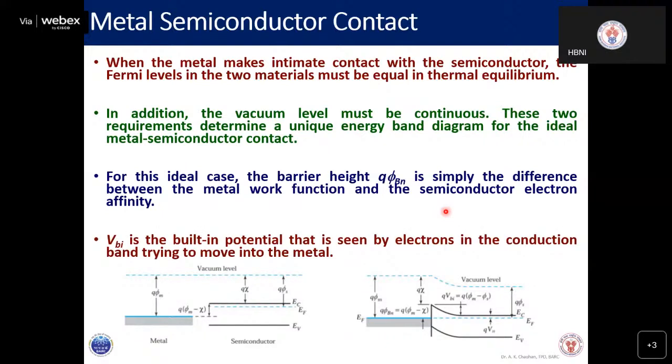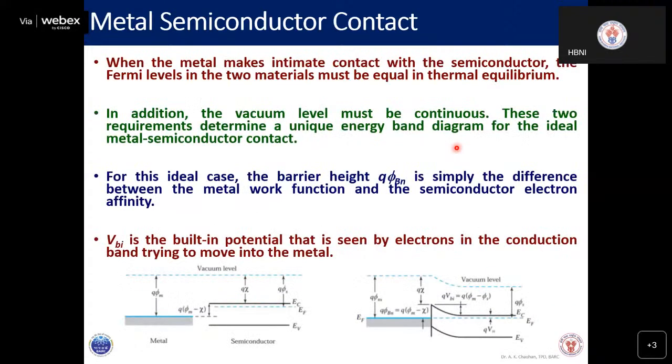And therefore, VBI is the built-in potential. So it will become equal to the difference between these values. VBI is the potential difference that is seen by the electrons in the conduction band as they try to move into the metallic side.